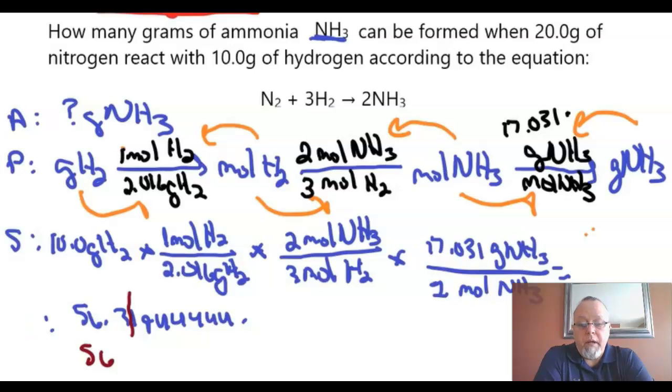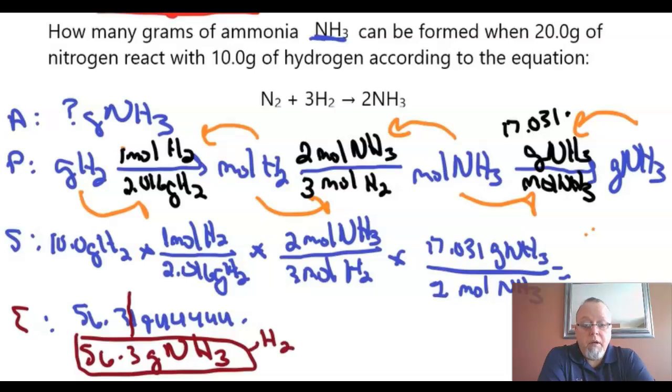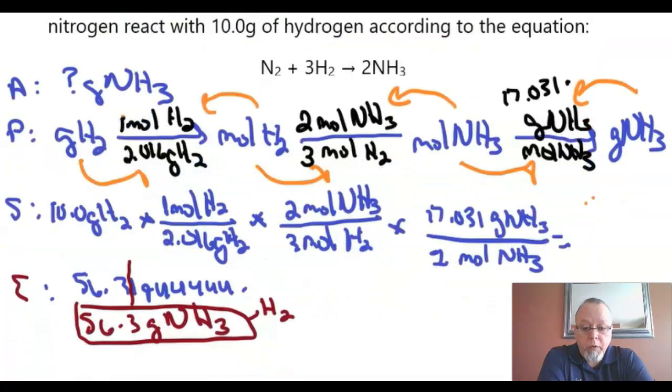Now we evaluate our answer. When 10 grams of hydrogen are fully reacted, it has the potential to produce 56.3 grams of NH3. And we know that if 20 grams of N2, or nitrogen, react, we're only producing 24.3 grams.